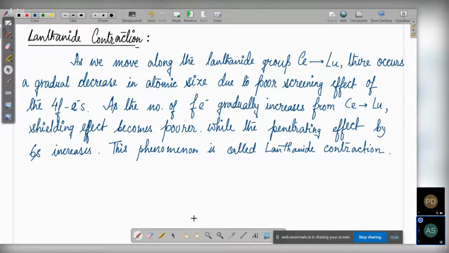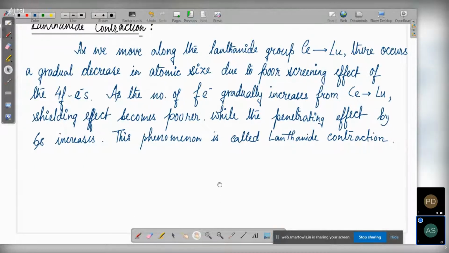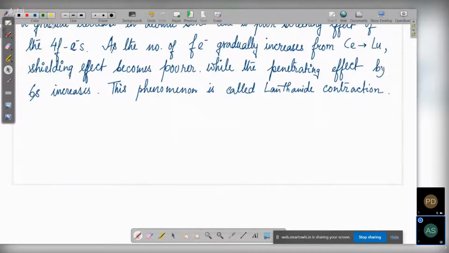Now let's see what happens due to this lanthanide contraction.